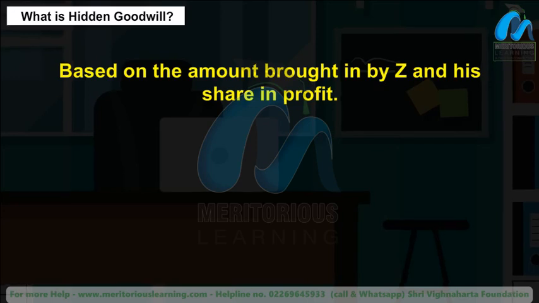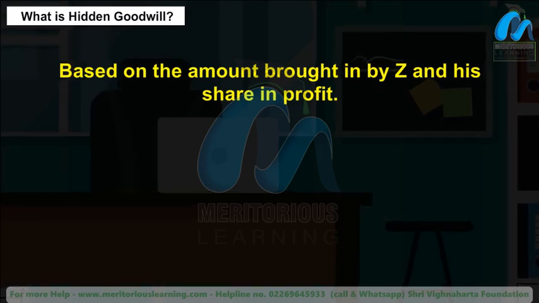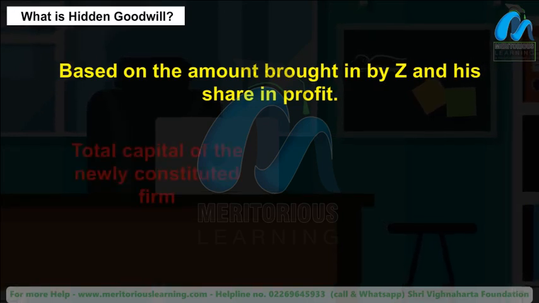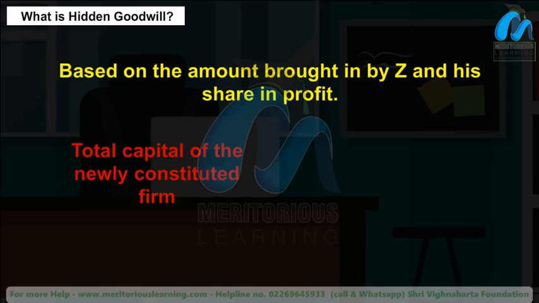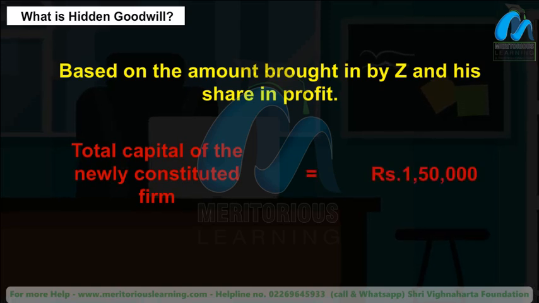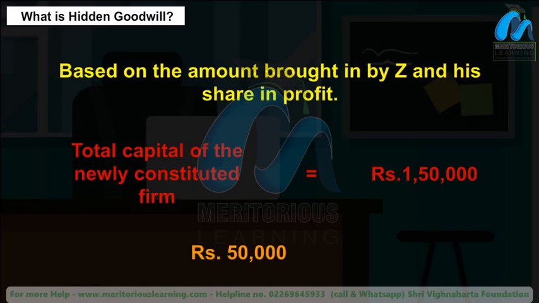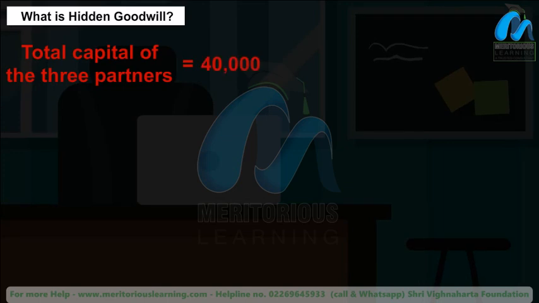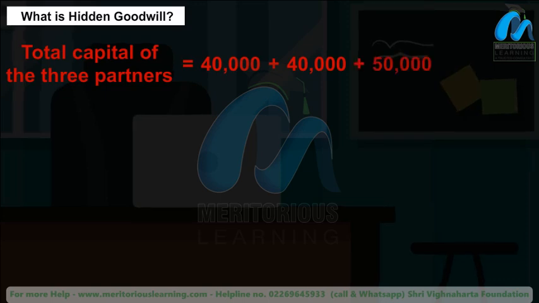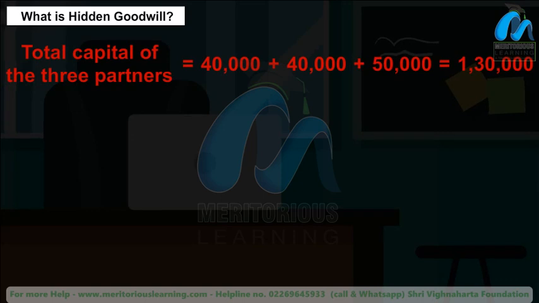Based on the amount brought in by Z and his share in profit, the total capital of the newly constituted firm works out to be 1,50,000 rupees. Rupees 50,000 multiplied by 3. But the total capital of the three partners comes out to be 40,000 plus 40,000 plus 50,000, which is equal to 1,30,000.